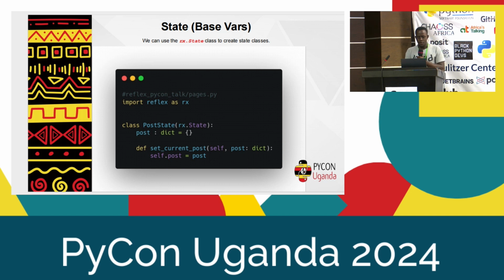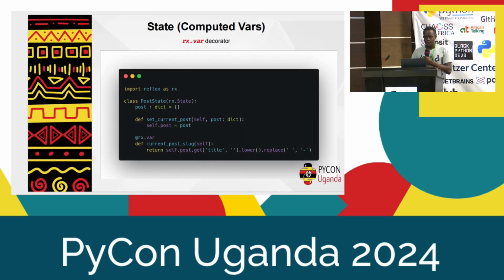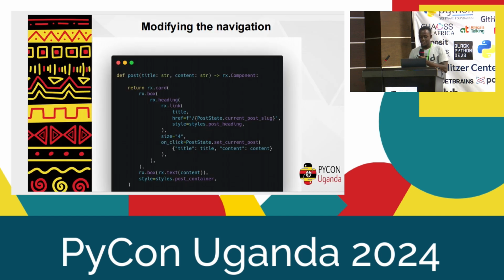So my requirement here was to create a post slug for each of the posts that are provided. But the way to do that was to get the post state and then kind of compute it in a way that we shall have a post slug from the post title. So modifying the navigation, this is going to be dependent on the computed variable we had. So when you navigate to another page, we are going to be making use of the current post slug.